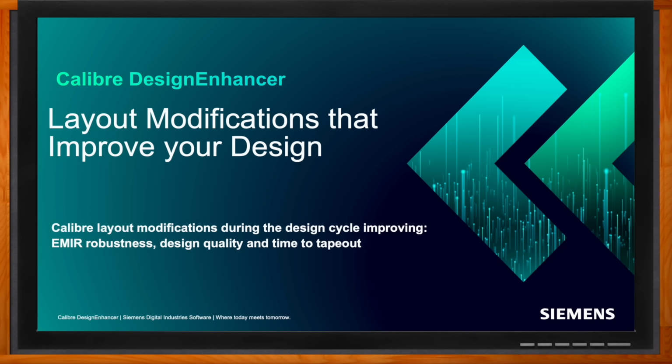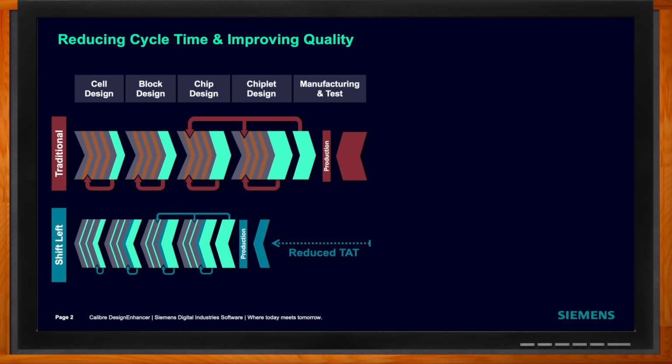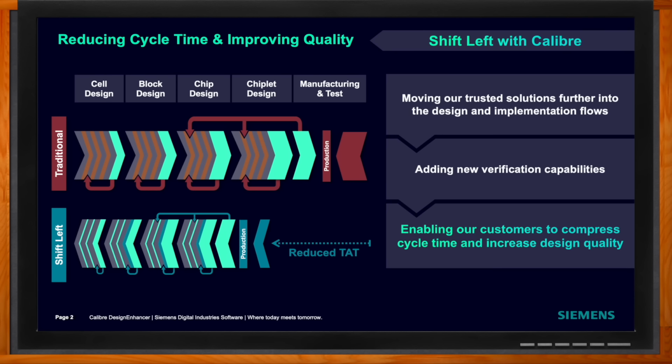Well, one of the things that we all know is that Calibre is the chosen physical verification tool that's used so widely in the industry. But what we're doing is we are actually allowing our customers to use these same core and winning algorithms much earlier in the design process.